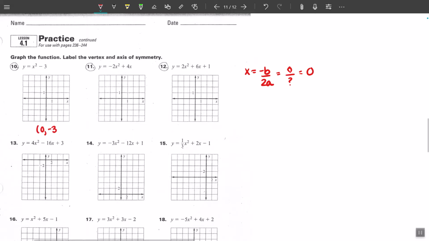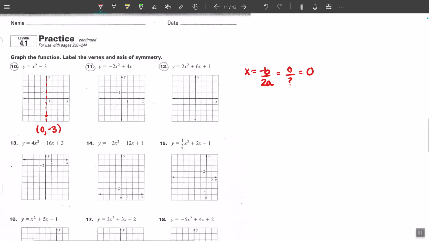We go ahead and plot that right there. And we also know that our axis of symmetry is going to be the y axis. Here's our mirror, it's going to run through that x coordinate of that vertex. From here, all we need to do is calculate one more point.